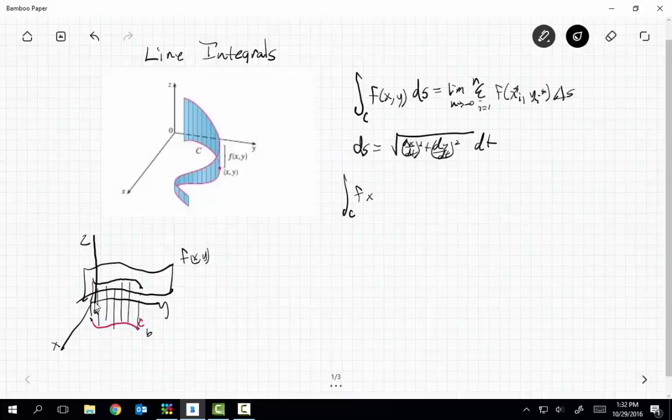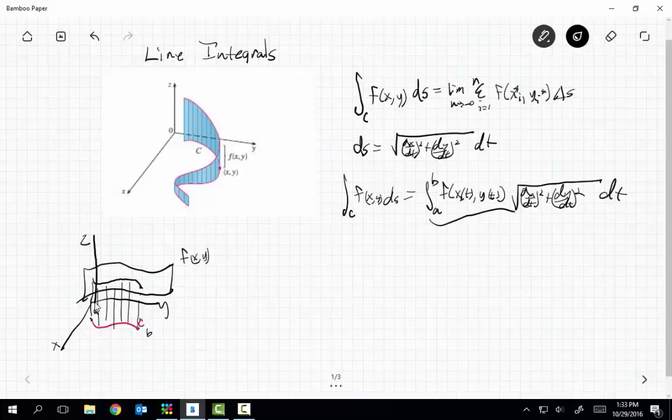The integral over C of f of x, y ds equals the integral from a to b of f of x of t, y of t, times the square root of dx over dt squared plus dy over dt squared, and out here we stick a dt. Now, why is that?